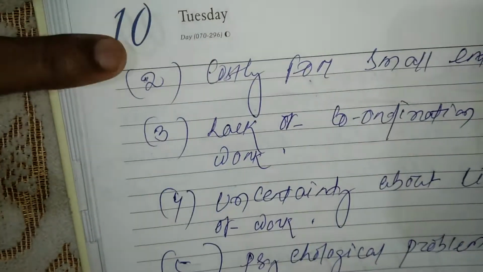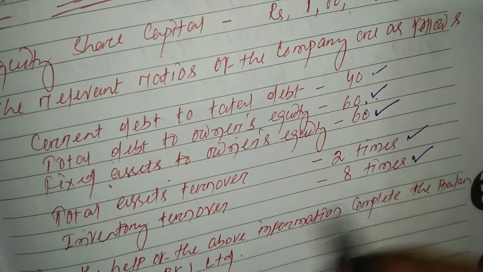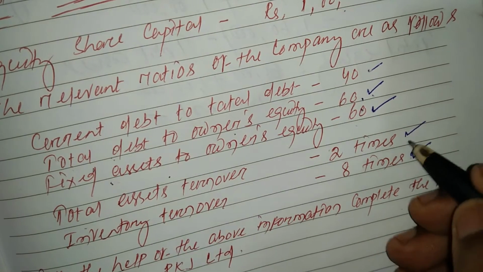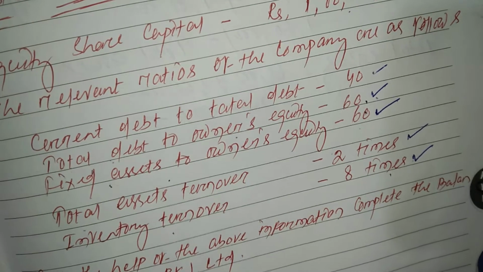Again, here total asset turnover 2 times is given, then inventory turnover 8 times is given.